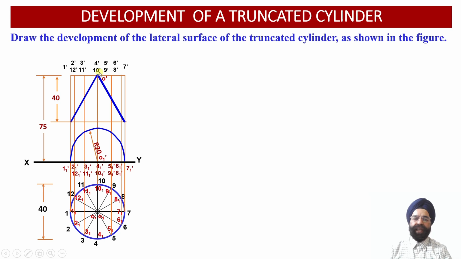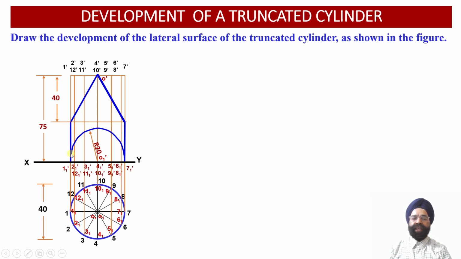Then the second portion of this cutting plane moves in this direction, that is, from the center of the top face to the right side vertical generator 7 dash, 1 dash, at a distance of 40 millimeter from the top face.